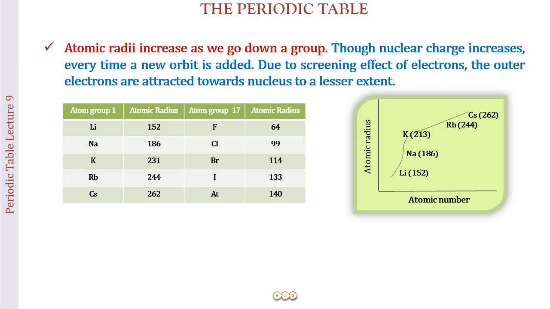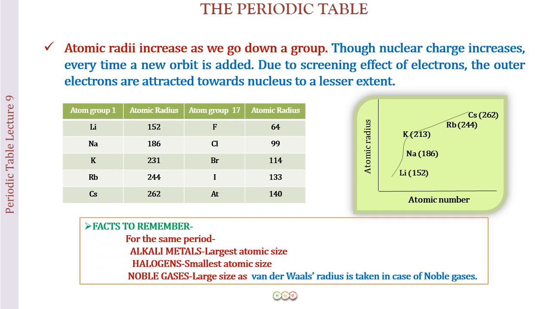Now, there are certain facts that you have to remember from this discussion of the atomic radii in periods and groups. For the same period, the alkali metals are going to have the largest atomic size. You can see this comparing lithium to fluorine, lithium having a radius of 152 picometer and fluorine having 64. So the alkali metals have the largest size.